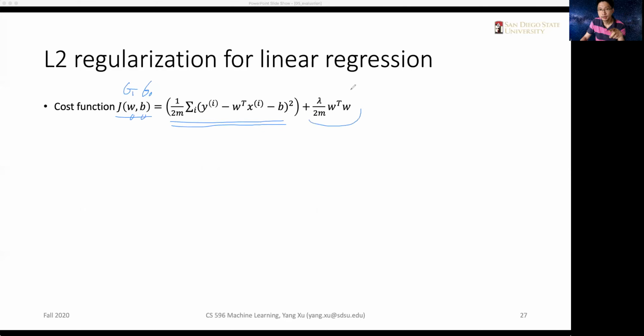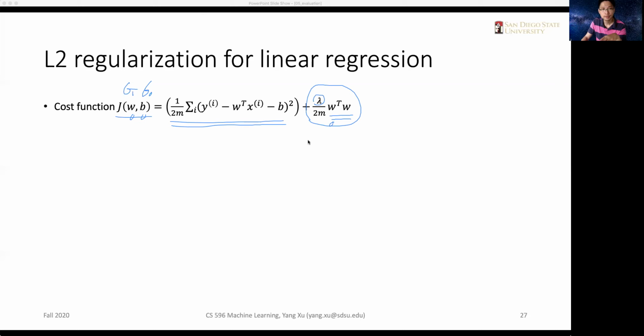And here's the L2 regularization term we include. We have this lambda, which is a hyperparameter, a constant that we use to control the strength of regularization. And this W transpose times W is the dot product, which is basically the same thing as the L2 norm.